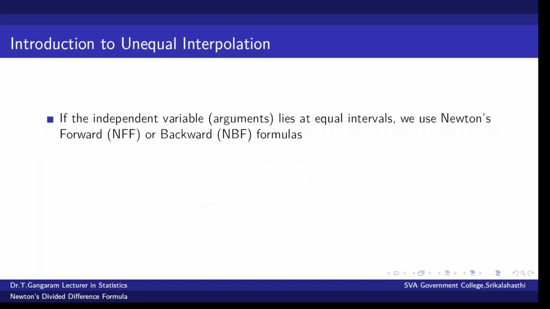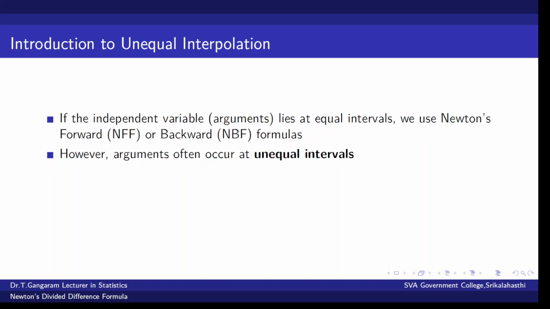Introduction to unequal interpolation. If the independent variable arguments lie at equal intervals, we use Newton's forward formula at the beginning of the arguments, and at the end of the arguments, Newton's backward formula, if the arguments are at equal intervals only.